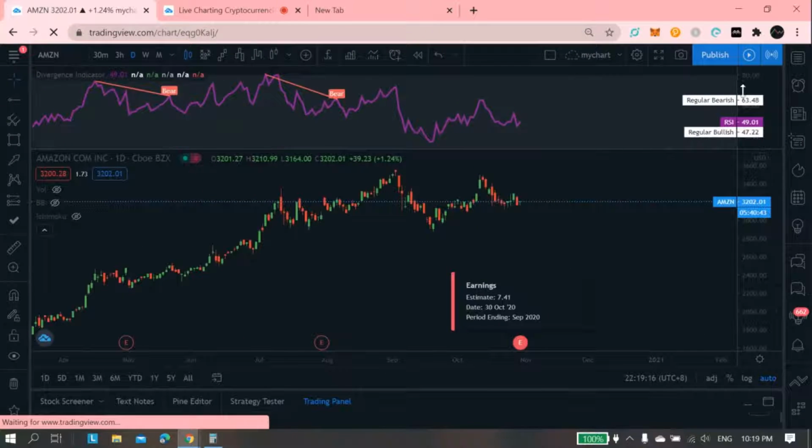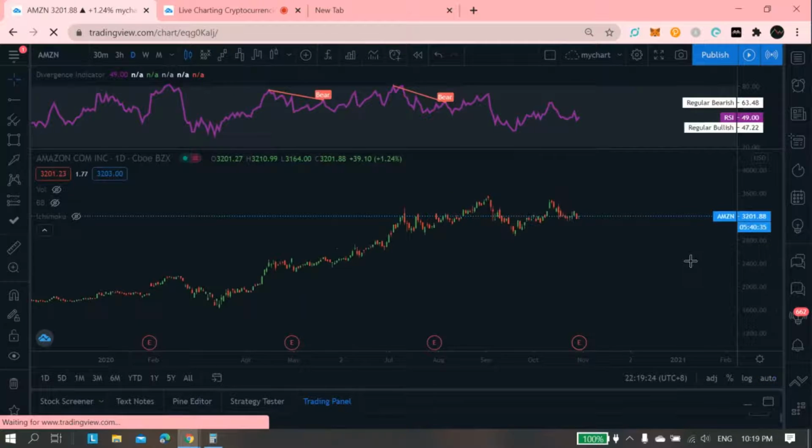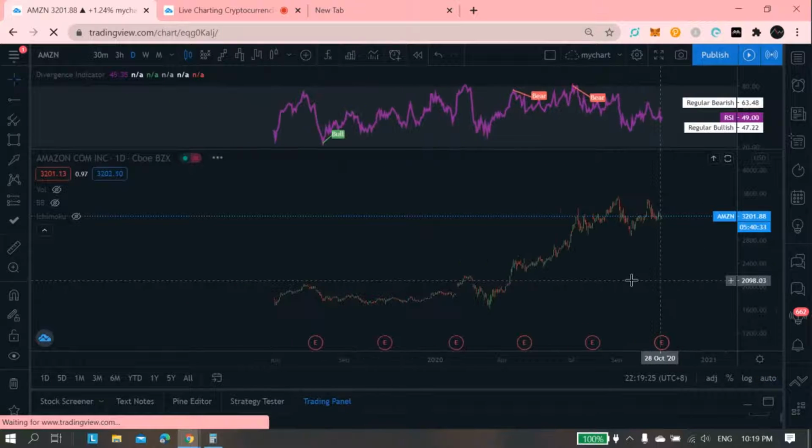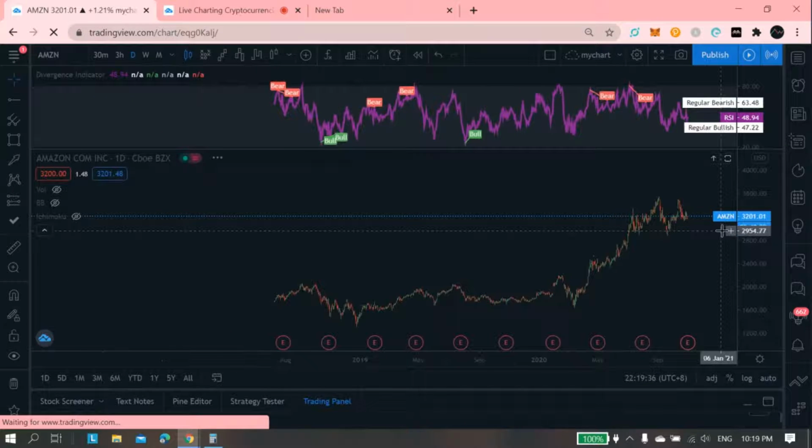But anyway, let's analyze it using this information, I mean using this chart. But you should also check on the earnings tomorrow, because this might be a possible volatility. I don't know what kind of volatility that will be.